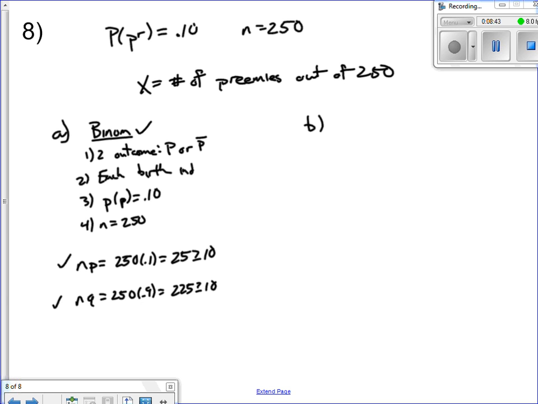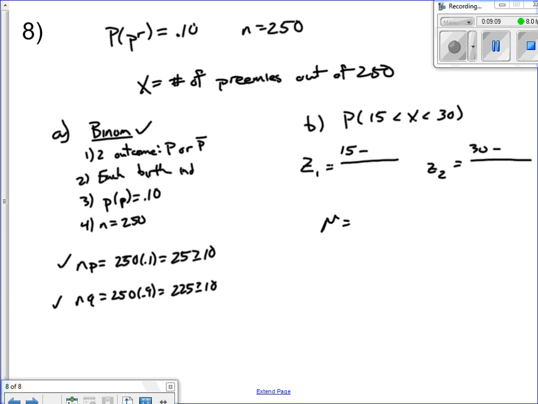For part B, what's the probability between 15 and 30? It's the probability that x is between 15 and 30. Since we know it's a normal distribution, let's just go ahead and move through this. We need 2 z-scores, z1, z2, so we got a critical value of 15, and we got a critical value of 30. So we need a mean and a standard deviation.